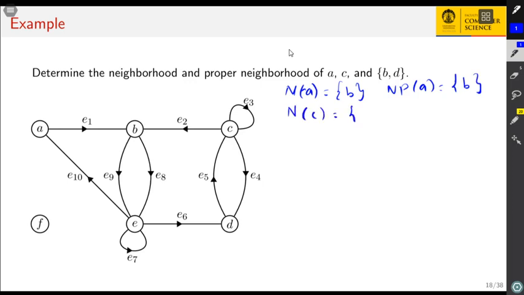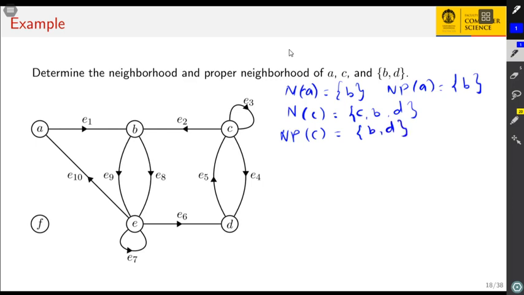The neighborhood of C would contain C itself because of the edge E3, and then B because of the edge E2, and then D because of the edge E4. And the proper neighborhood of C would then be B and D.